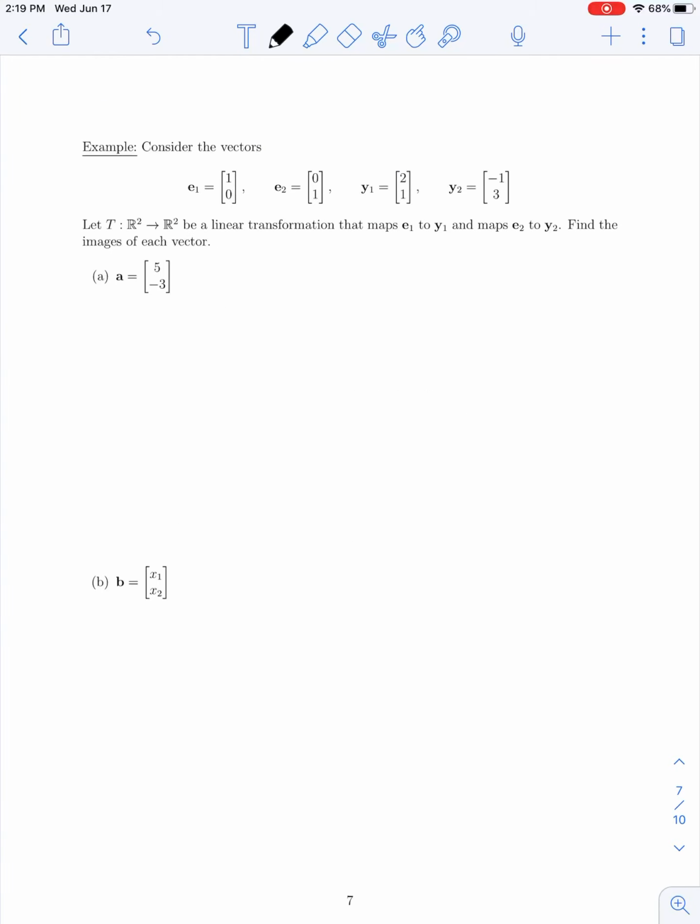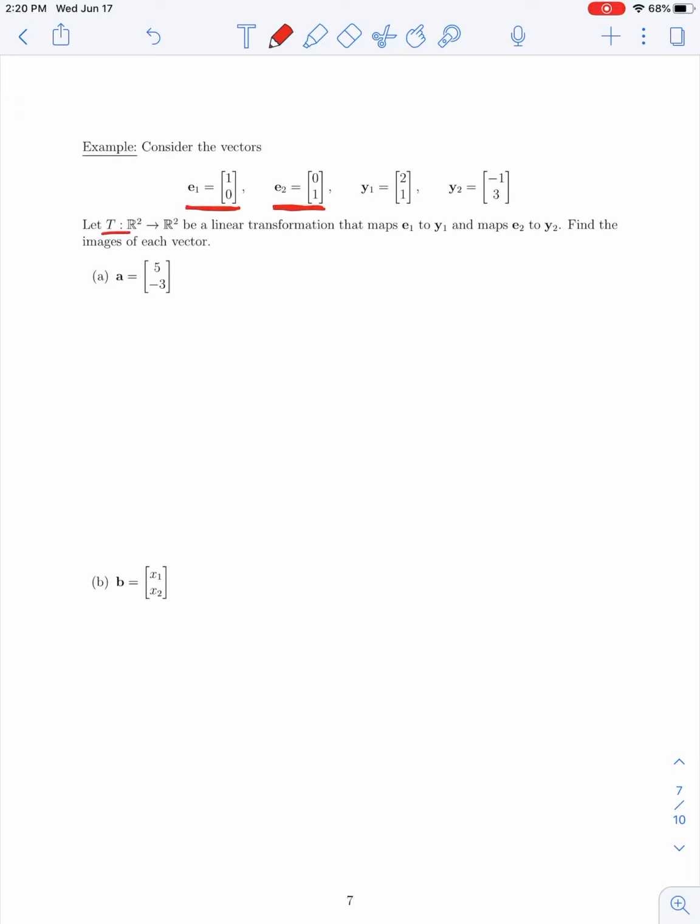Now, in our next example, we'll consider how we can define a linear transformation by looking at the transform of two specific vectors. So let's consider the following vectors. Let's say that we have E1, which is the vector 1, 0, and E2, which is the vector 0, 1.